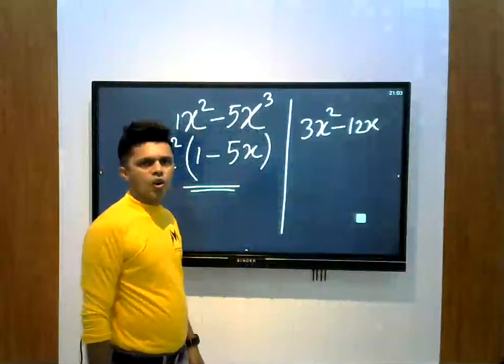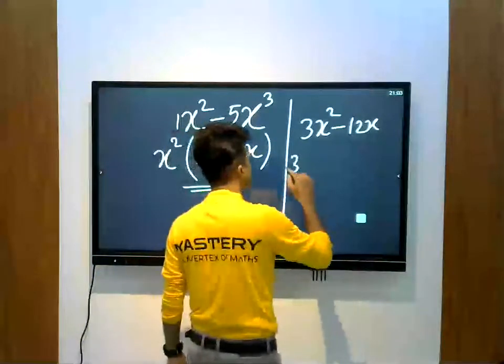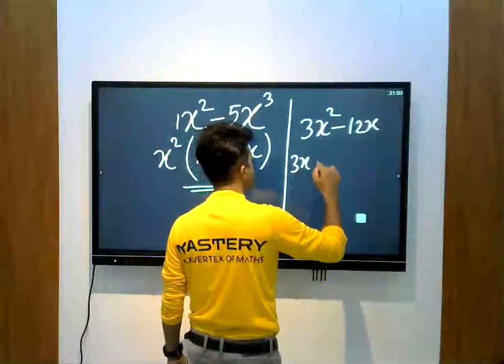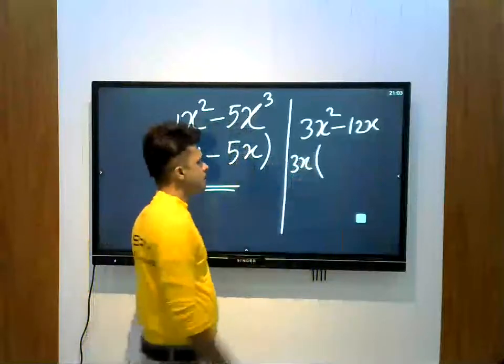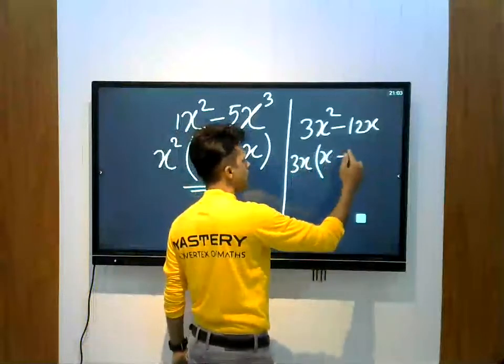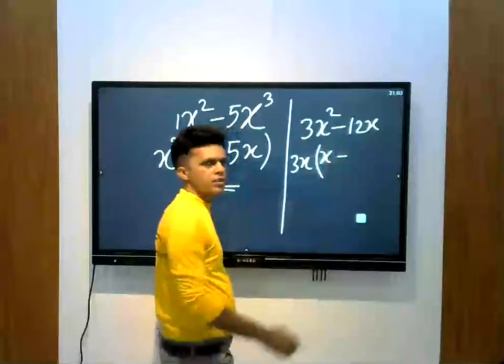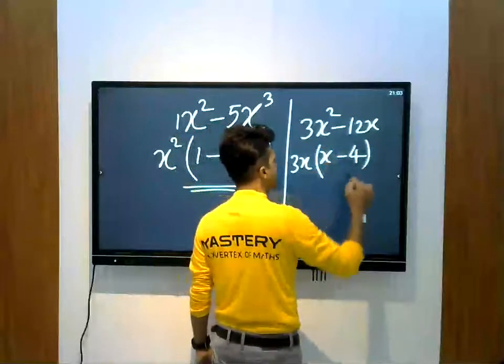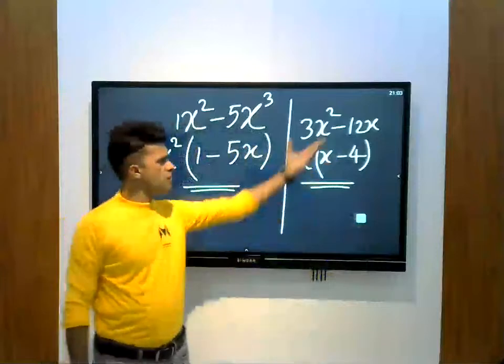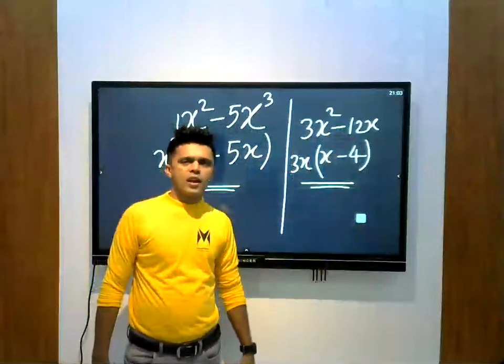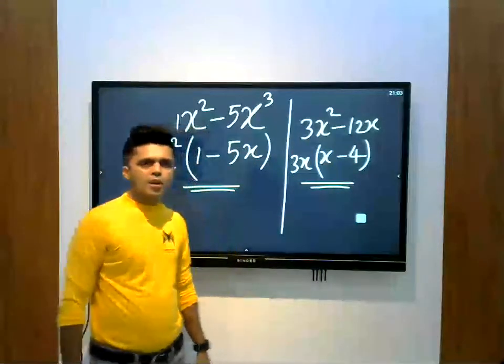The common factor is 3x. Then what's the remaining term here? Then x minus 12 over 3 is 4. Then 3x into x minus 4. These are the factors of 3x squared minus 12x.